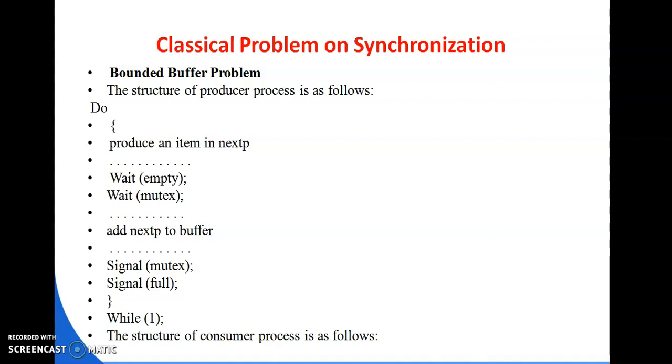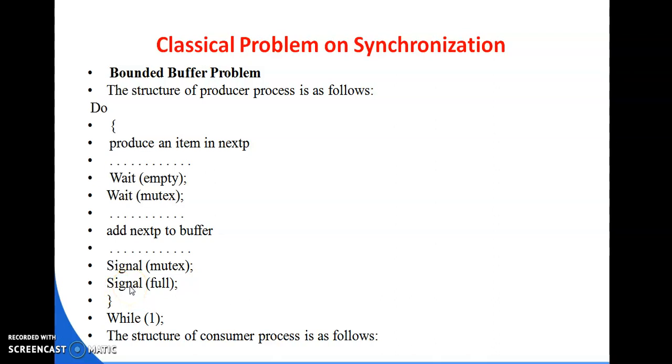That means the semaphore is n when the buffers are empty, and 0 when the buffer is full. This problem is known as the producer and consumer problem, where the producer produces full buffers, and the consumer produces empty buffers.